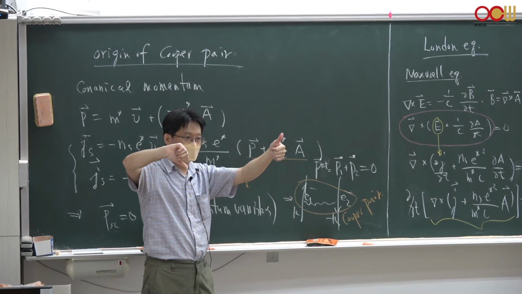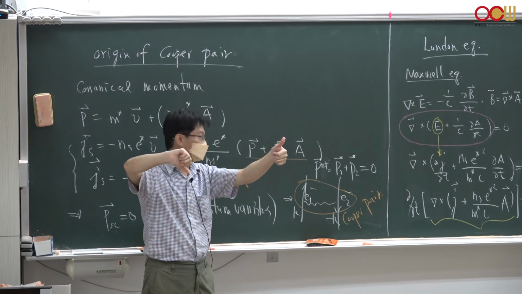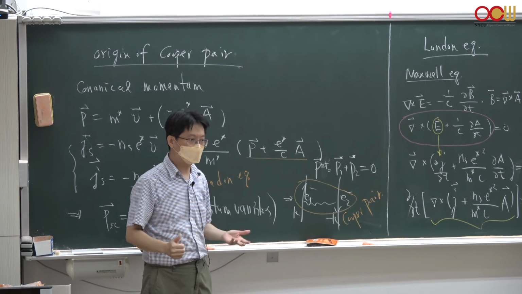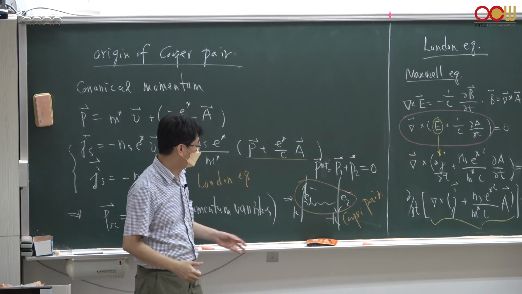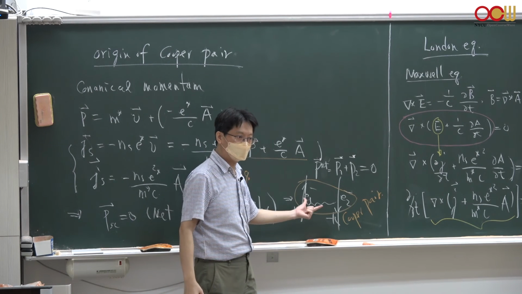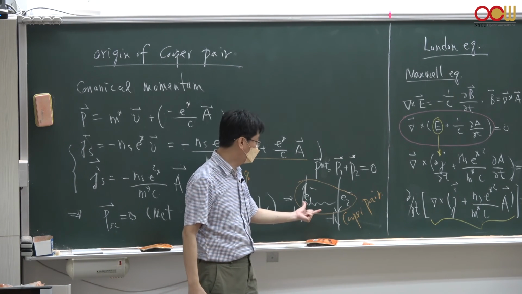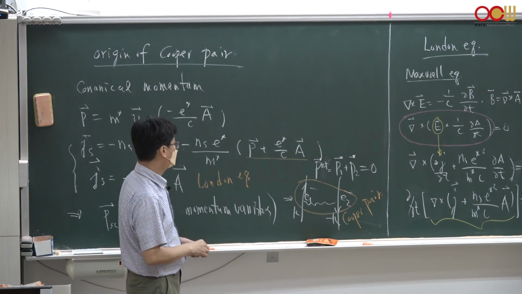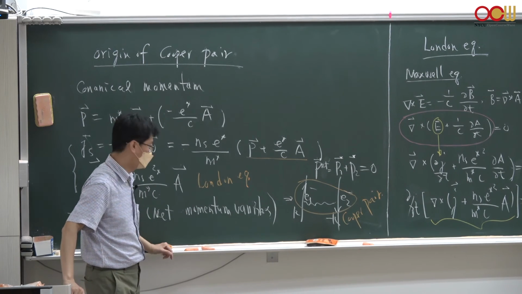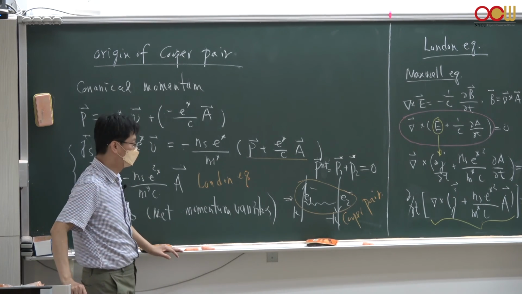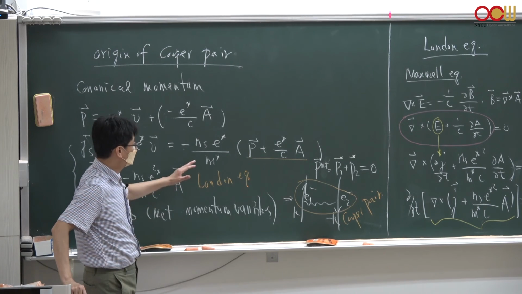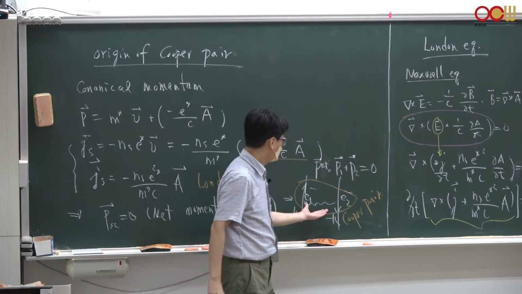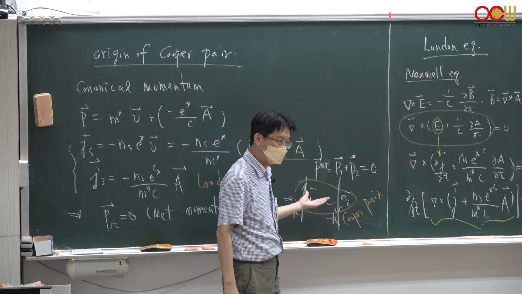One is plus k_F roughly, and another is minus k_F. We'll see next time that these two electrons also carry opposite spins. So the two electrons carrying opposite momentum near the Fermi surface will form Cooper pairs, which follows from this London equation and also the definition of canonical momentum. So this derivation reassures us that Cooper pairs are made of two electrons carrying opposite momentum.